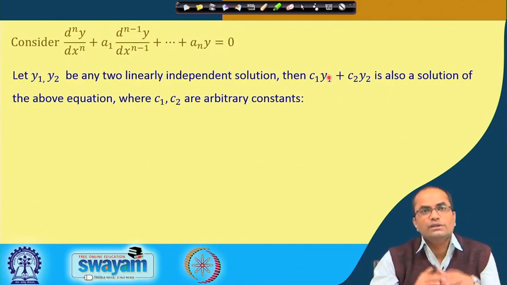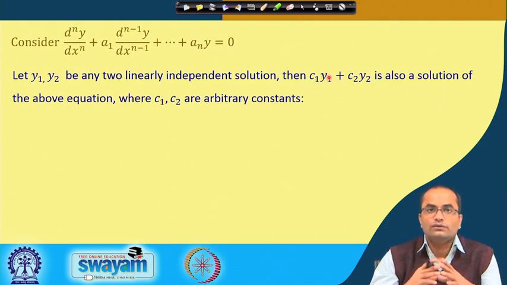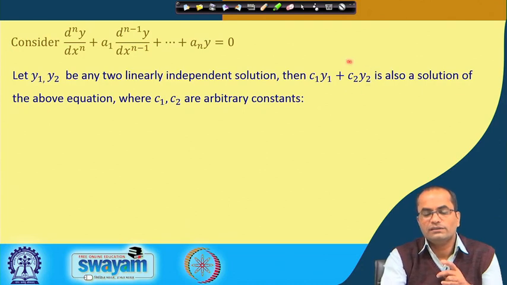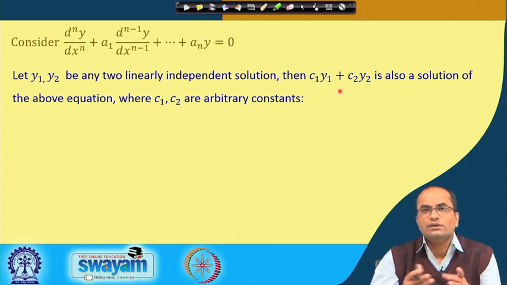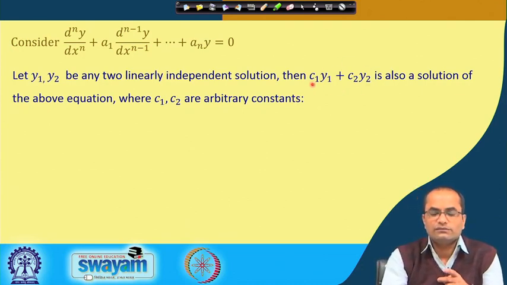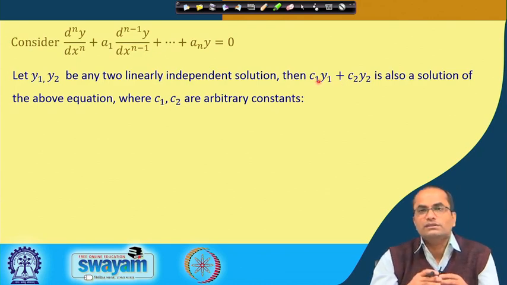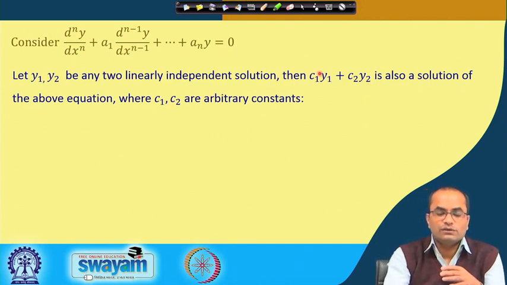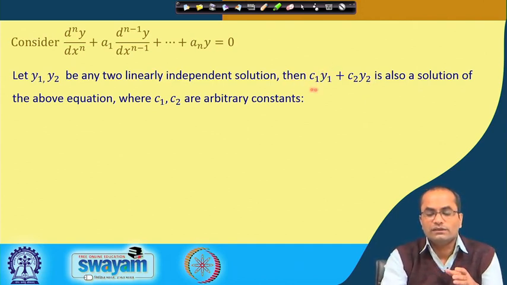So, what we will show here is that we have 2 solutions y1 and y2, 2 linearly independent solutions, because if they are not linearly independent, this c1 y1 plus c2 y2 itself does not make sense. With 2 arbitrary constants here, we can have only one constant in that case, because if one depends on the other, we can write one in terms of the other. So, this will not make much sense.